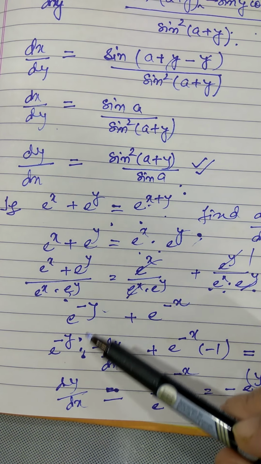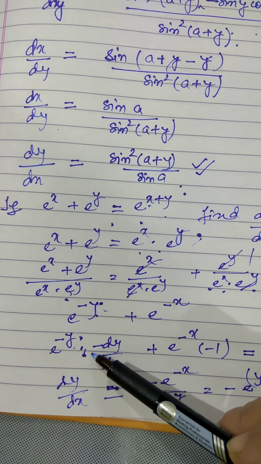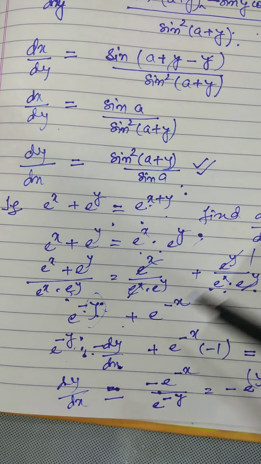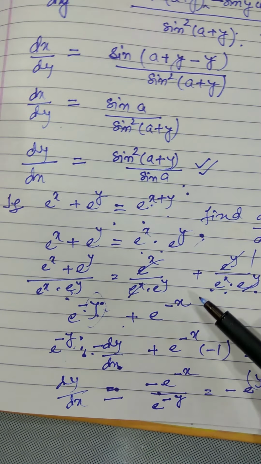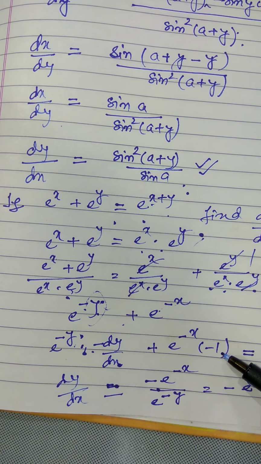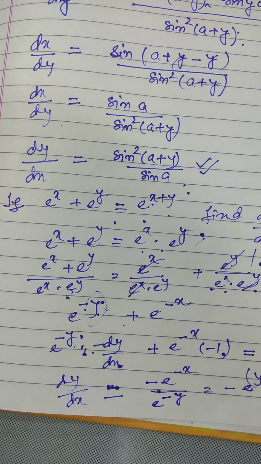Now differentiate this. e^(-y) into, because we are having y here, dy/dx, plus e^(-x) into derivative of -x, which is -1. And on this side we are having 1, so the derivative is 0.